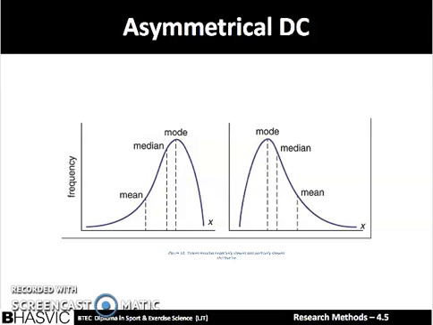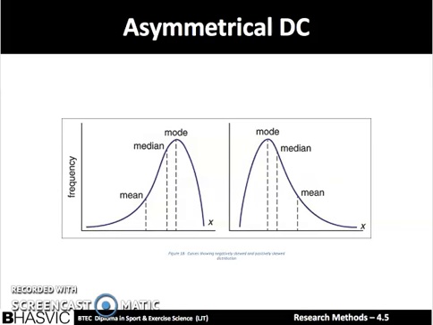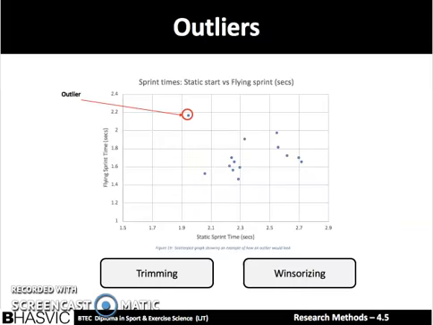Like I said, this is usually due to outliers that are affecting the data and therefore affecting the median and the mode. So there's a way to deal with outliers, and that is trimming and Winsorizing.